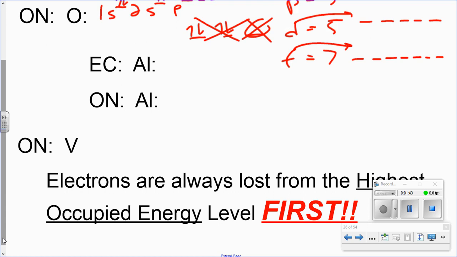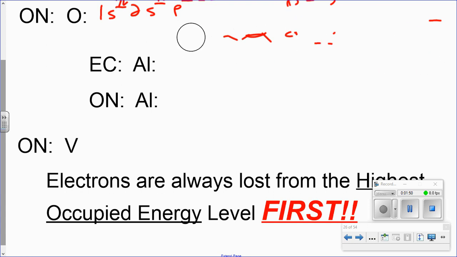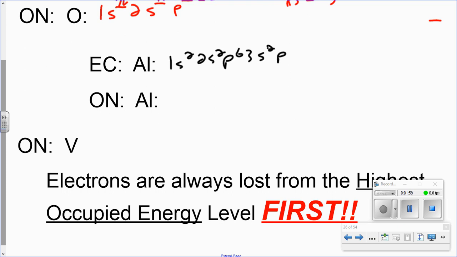All right, so when we take a look at aluminum, again, very similar. Aluminum is 1s2, 2s2, 2p6, 3s2, 3p1. Yes, okay. Now the orbital notation is 1s2.